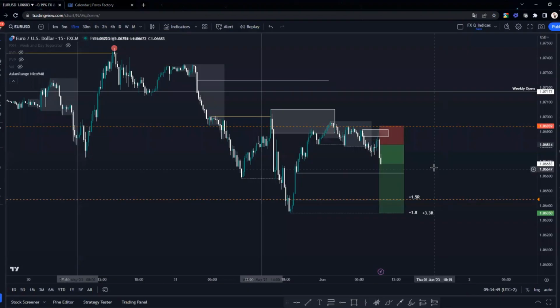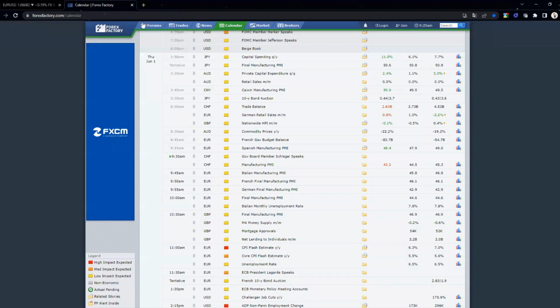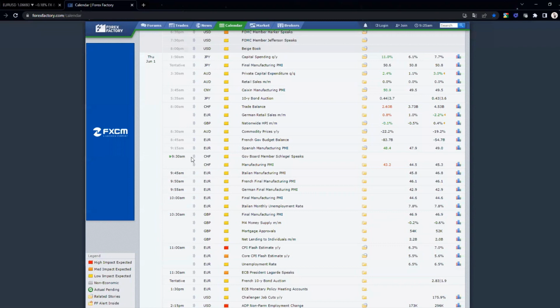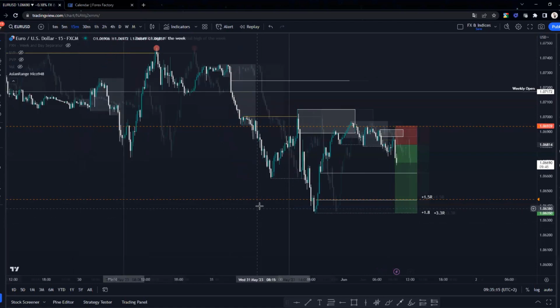I'll add an alert on my smartphone a few minutes before the news, so I'll be ready to either take partials before the event, move stop loss to half my risk, or potentially close the trade. Or in general, I'll monitor my position at 11 a.m.